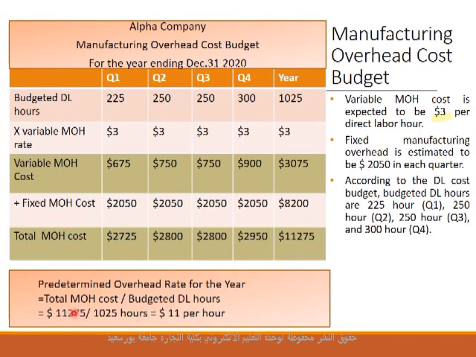Total manufacturing overhead cost is the number over here, $11,275, should be divided by budgeted direct labor hours, 1,025 hours during the year, to obtain predetermined overhead rate. So the predetermined overhead rate is $11 per direct labor hour.